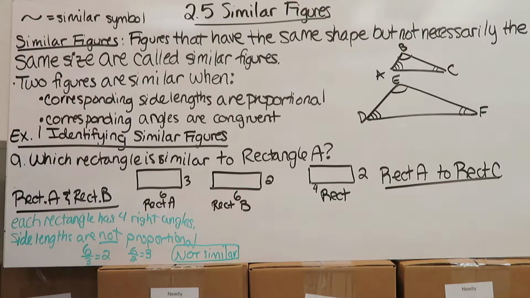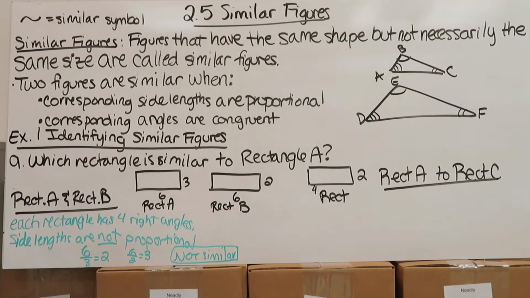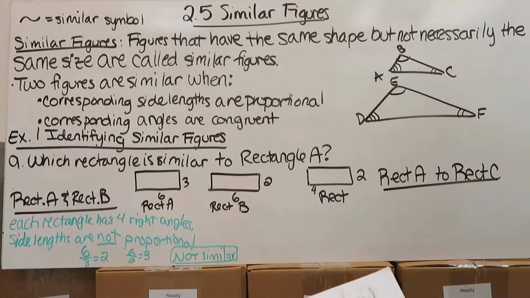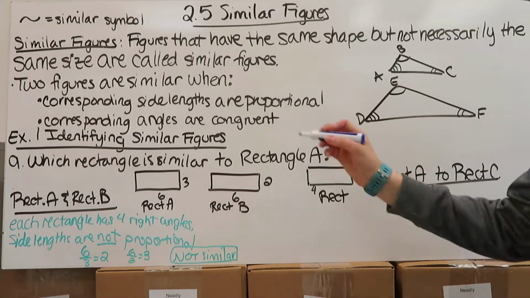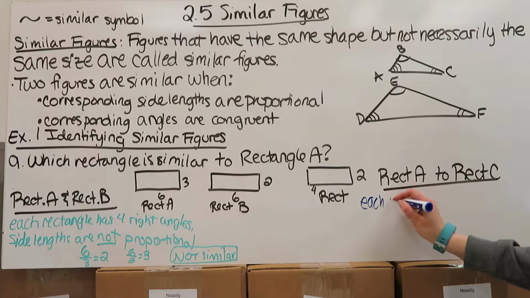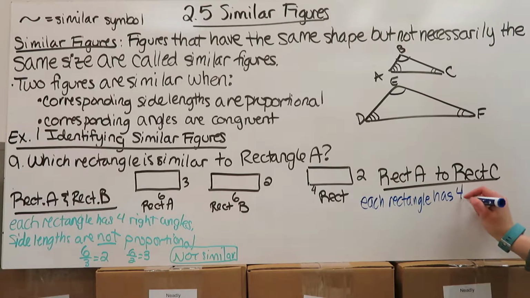All right, so we're going to use that same idea for rectangle A to rectangle C. What do they have in common? Well, let's start with the same thing. Each rectangle has 4 right angles.